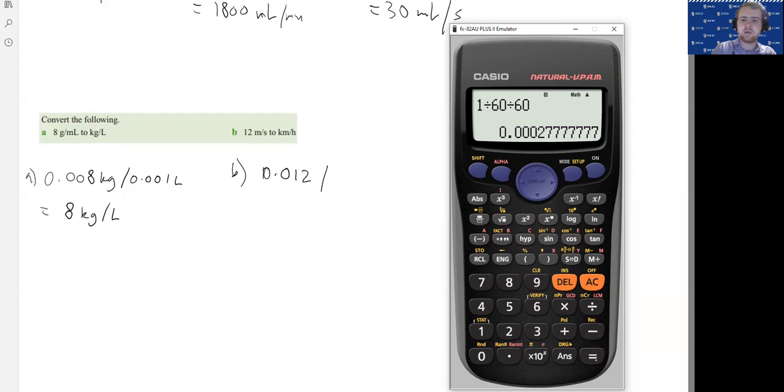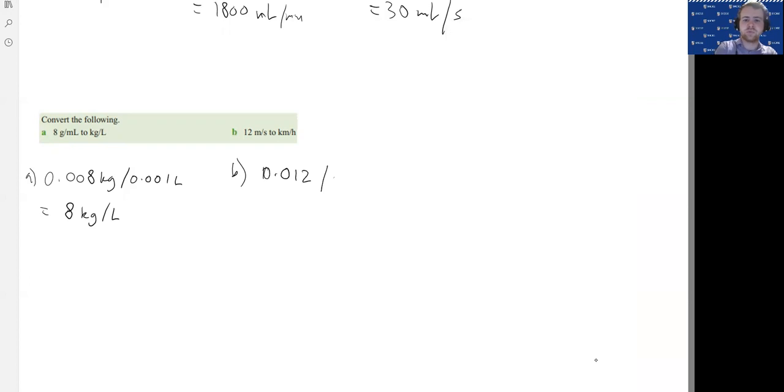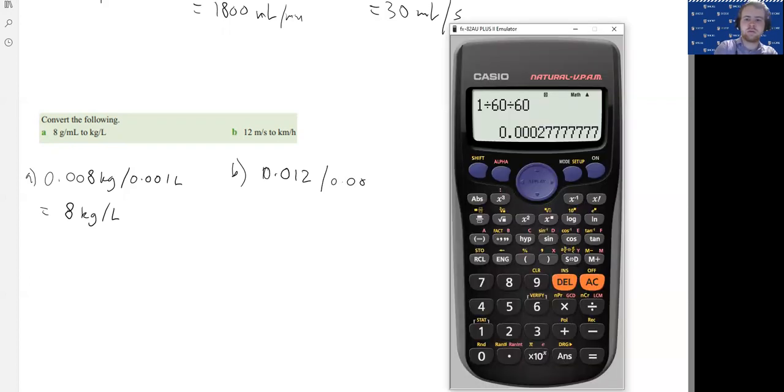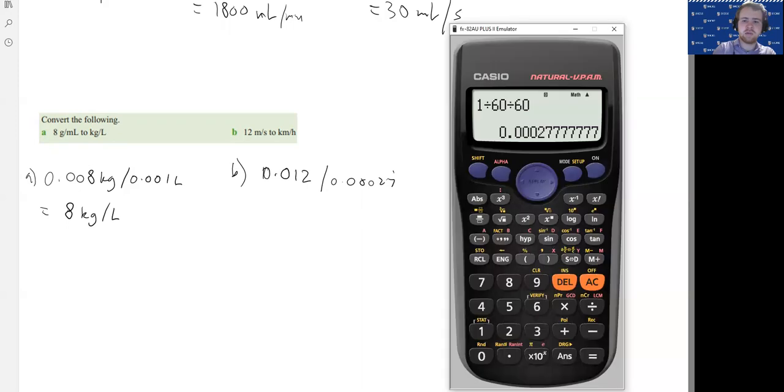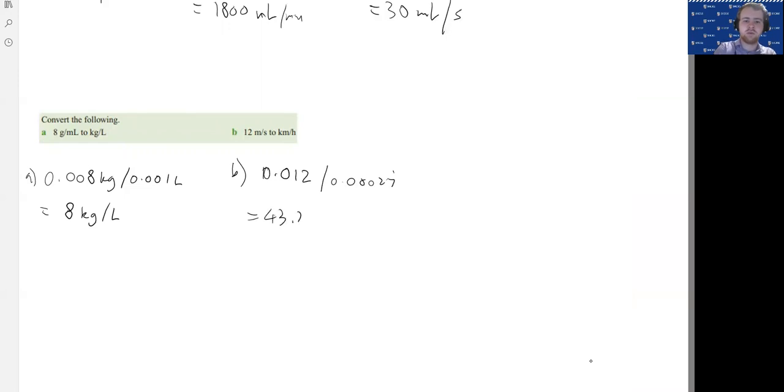So the number of hours, 0.00027 repeating. We're going to just keep that number in our calculator, and we're going to go 0.012 divided by our answer, and we get 43.2 kilometers per hour. All right, so that's the sort of long way of doing it, converting from meters per second to kilometers per hour.